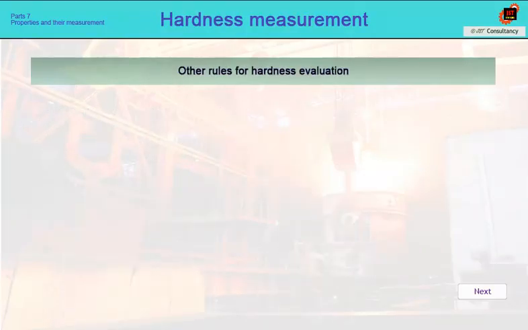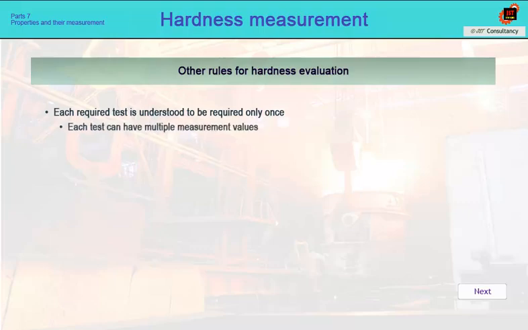Working with measured values is also important. It is understood from the production documentation that each test is performed only once. If multiple tests are to be performed, their specifications must be part of the sales order, production instructions, or quality order. Each test can have multiple measurement values.